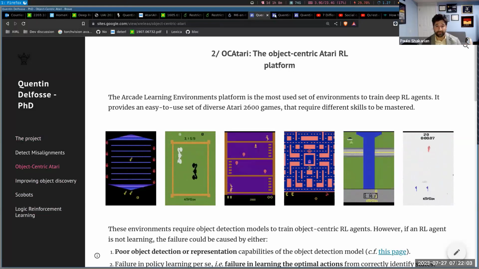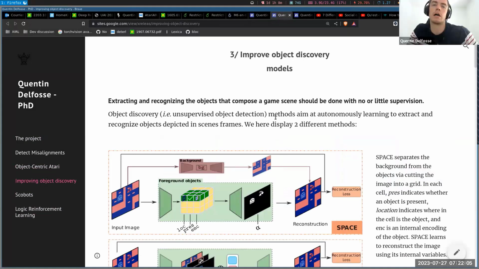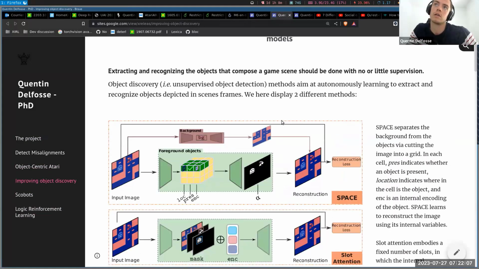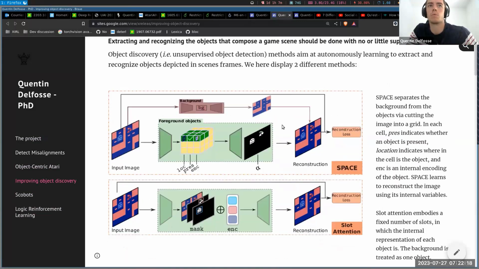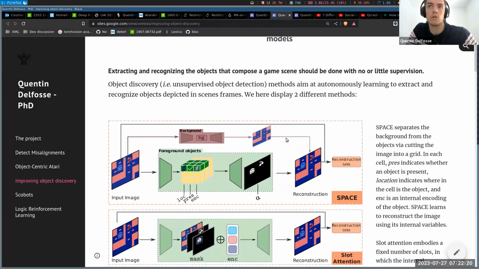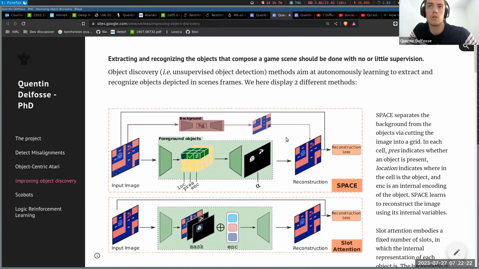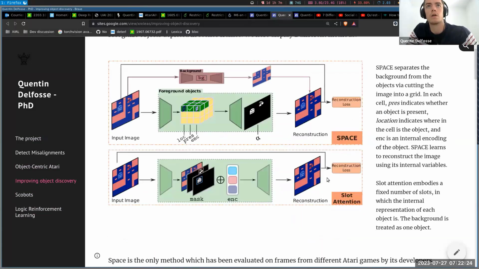This is how you detect objects and go from this deep state, as you said in Atari games, into a neurosymbolic method. With another colleague from TU Darmstadt, we took different unsupervised object detection methods, namely SPACE and slot attention.